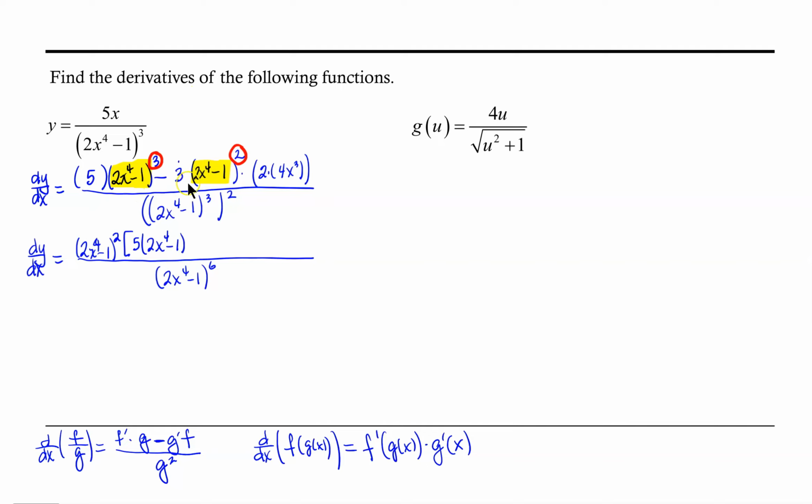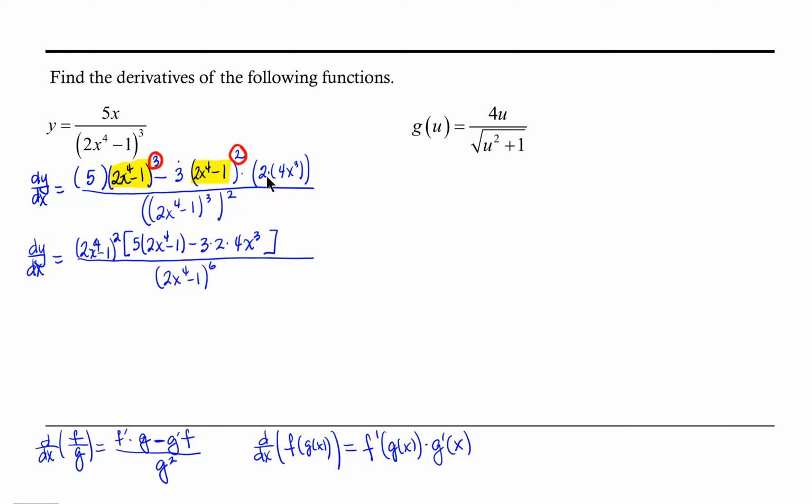And then minus, and we still have this 3. And we still have this 2 times 4x cubed. And that's it. Okay, so a little bit more simplifying to do.